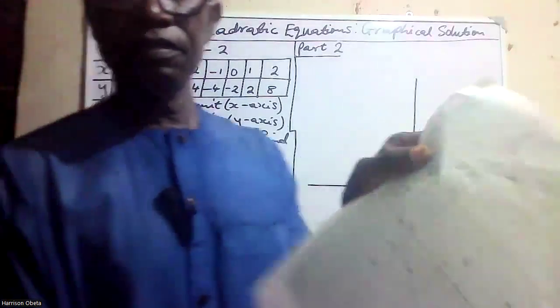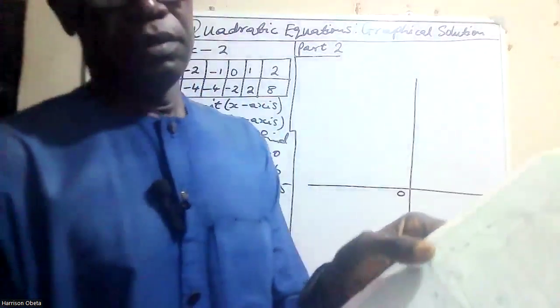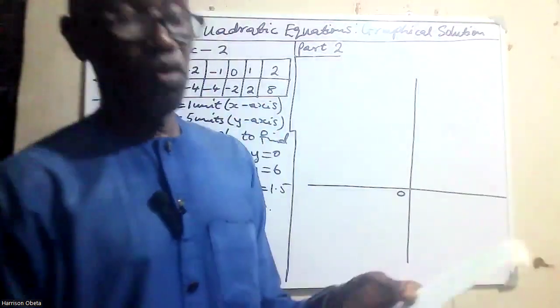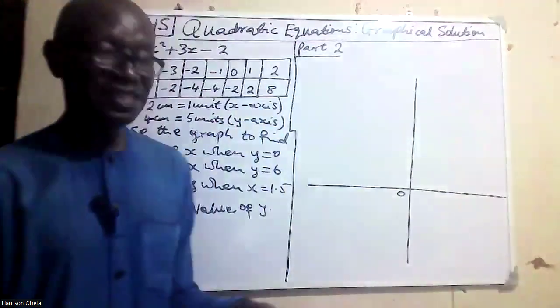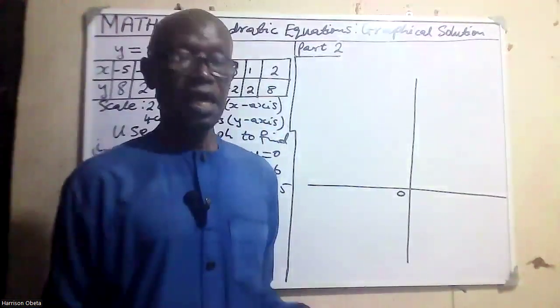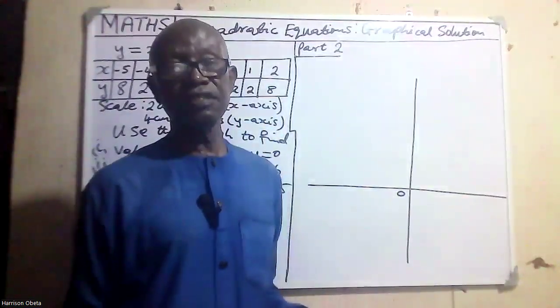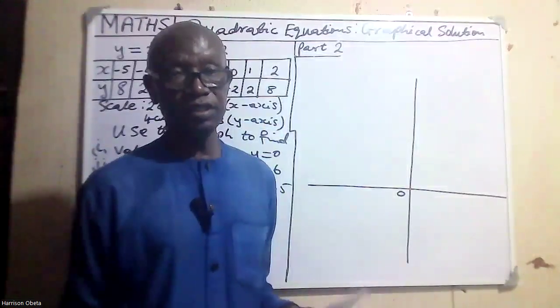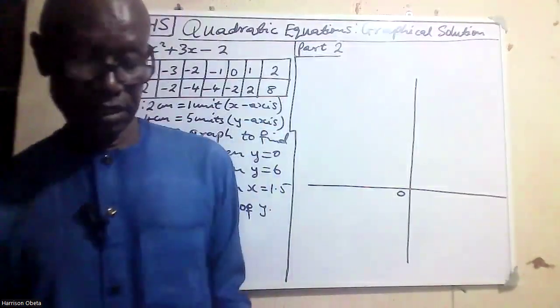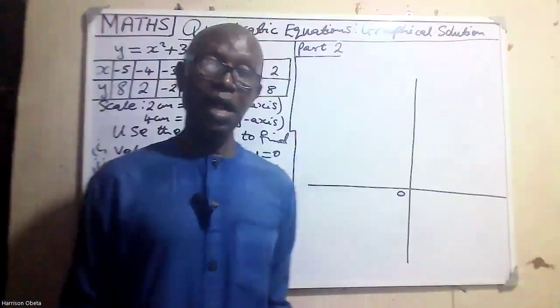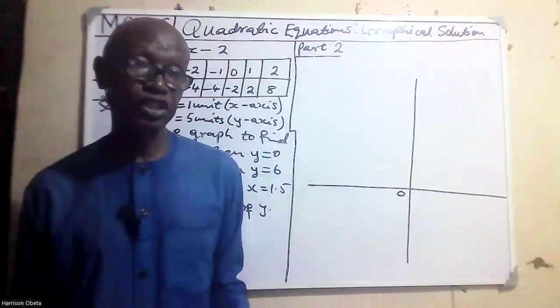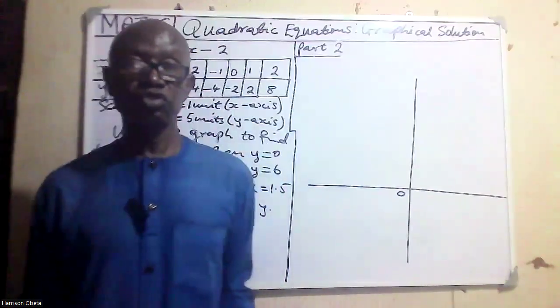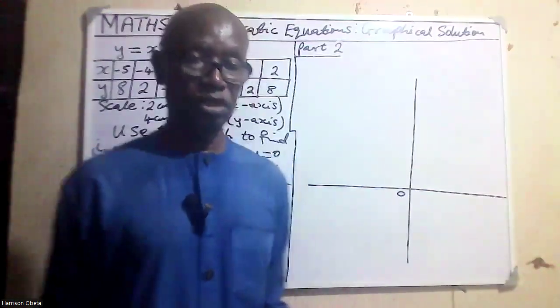as I have it here, 1 cm we know is from one thick line to the other, and that contains 5 small boxes. That means 2 cm is 10 small boxes, while 4 cm should give us 20 small boxes.